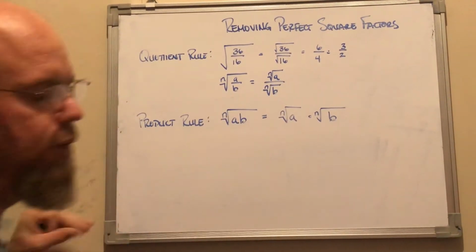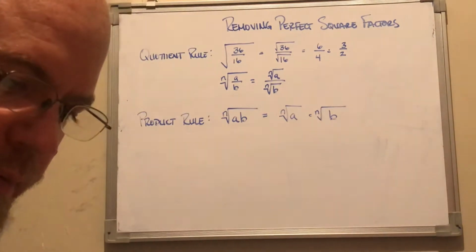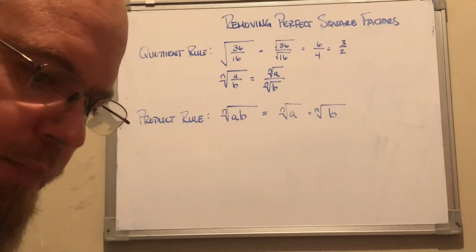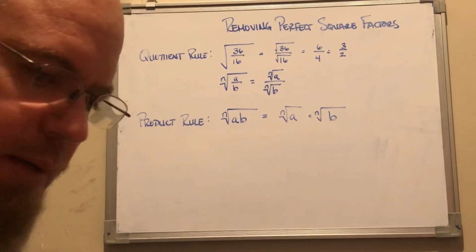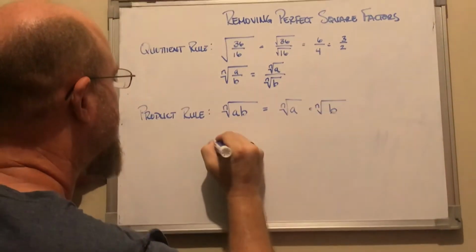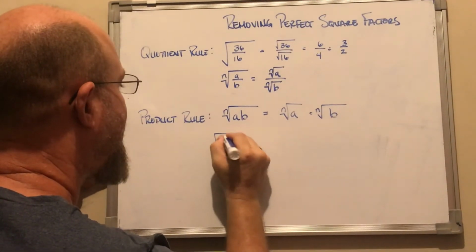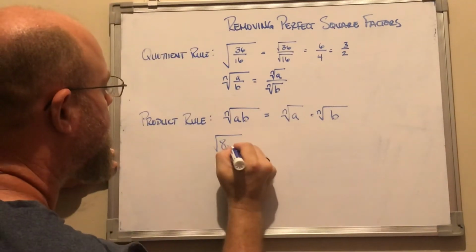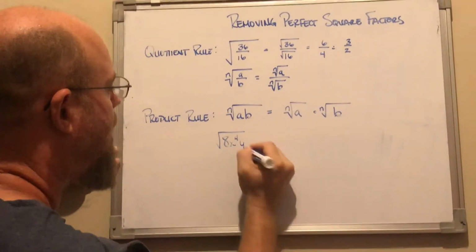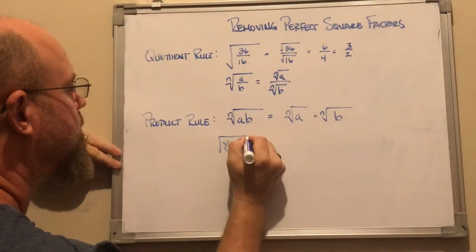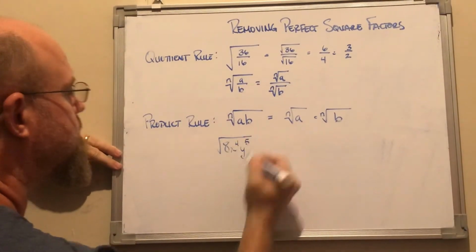Another example. Let's look at some with variables. Let's look at this one, example 8.2g. That would be the square root of 8 times x to the 4th times y to the 5th. Right?